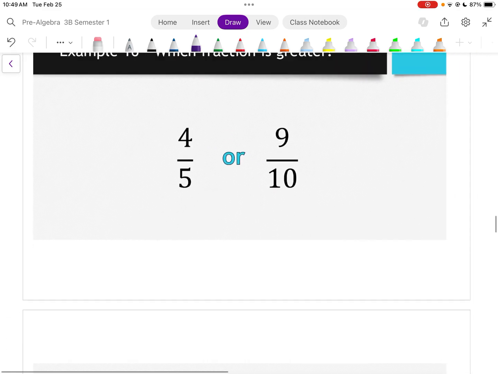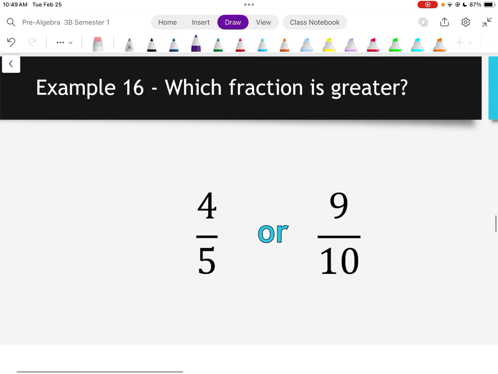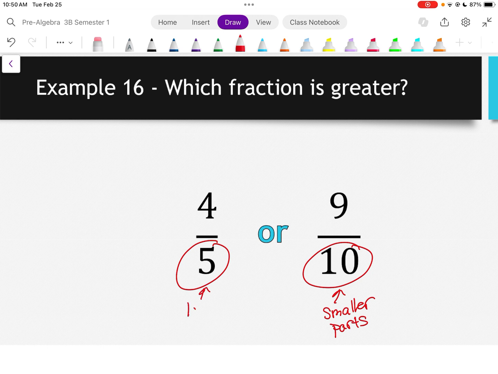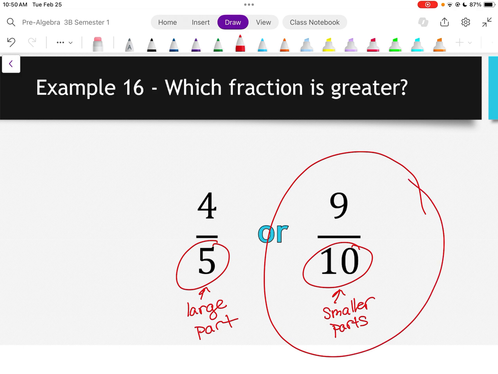All right, and then our last example, which fraction is greater? 4 over 5 and 9 over 10. Again, these are both one away from becoming a whole. And the ones split into 10 parts, those ones are going to be the smaller parts. So if I need one more small part compared to this one, where I need one more large part, the one that needs one more small piece is going to be the larger number.